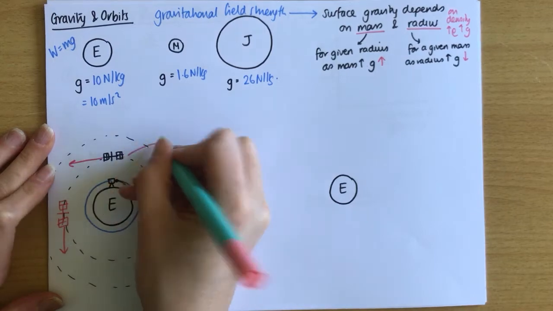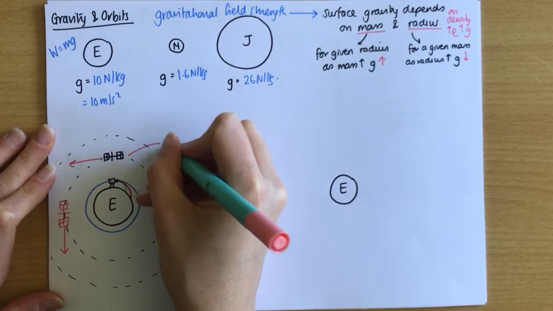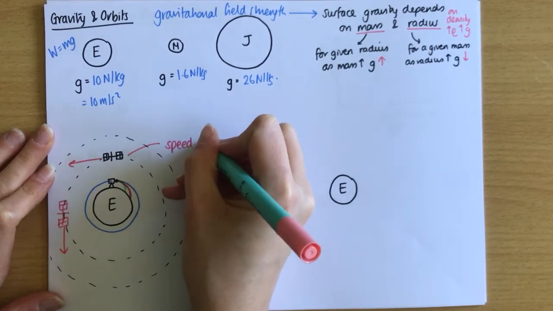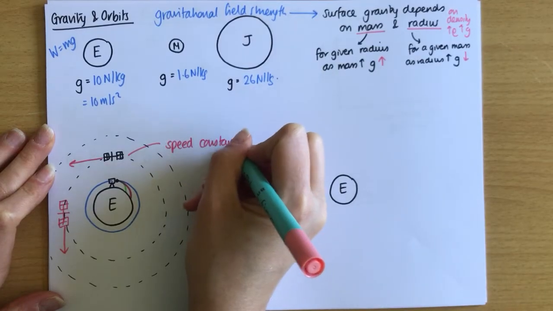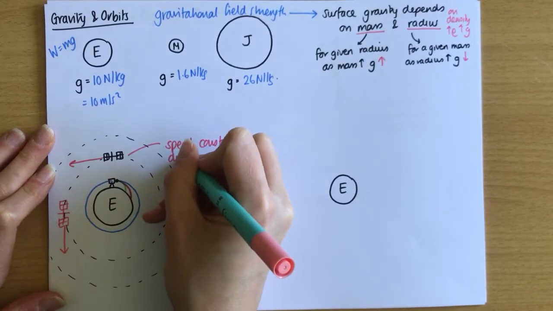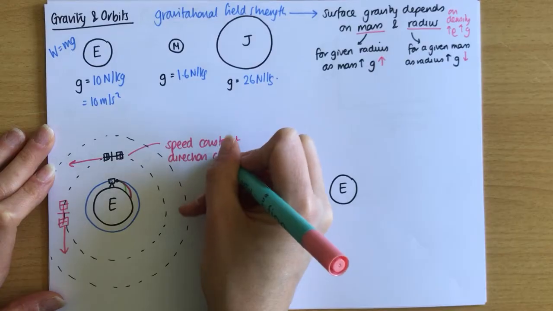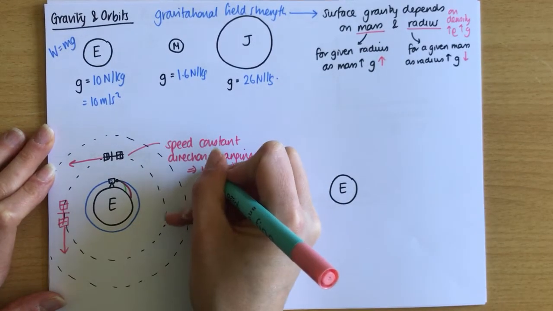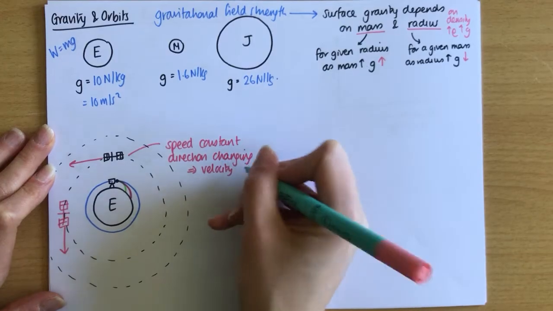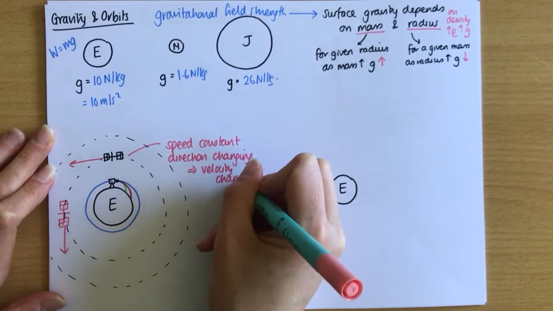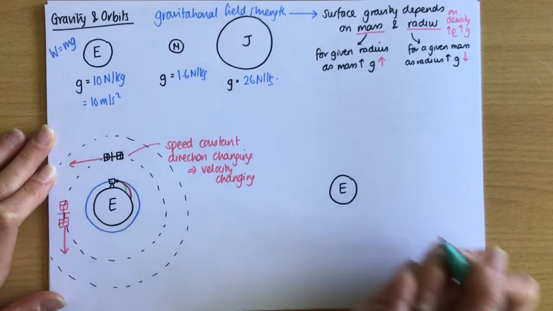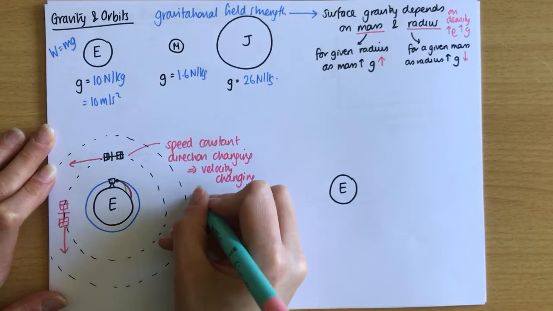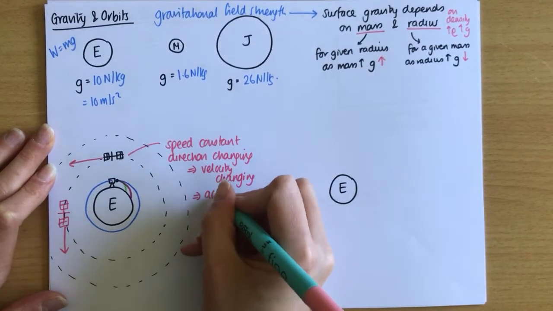So we can see that although the speed might be constant, which it is, the direction of the speed of the satellite is changing, which therefore means the velocity is changing, because velocity is the speed in a given direction. And a change in velocity means that the satellite is accelerating.